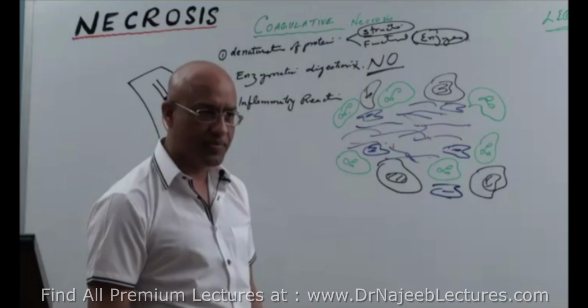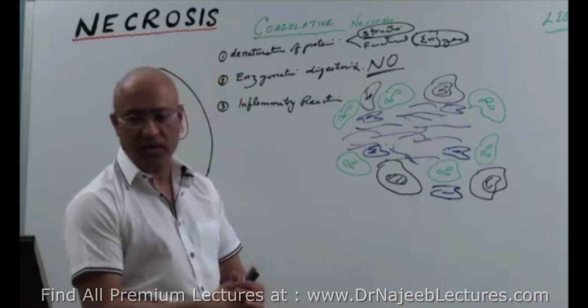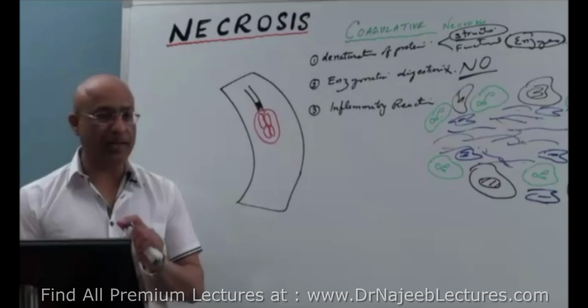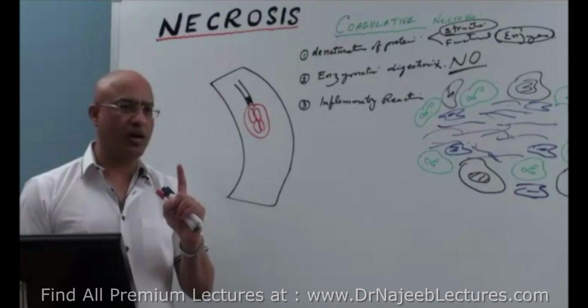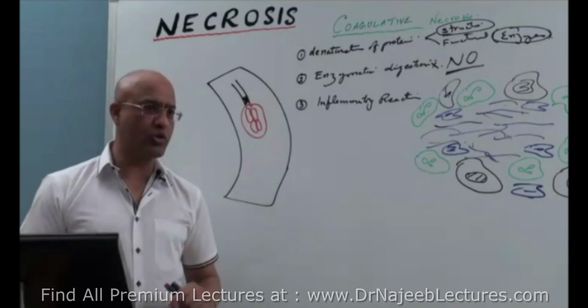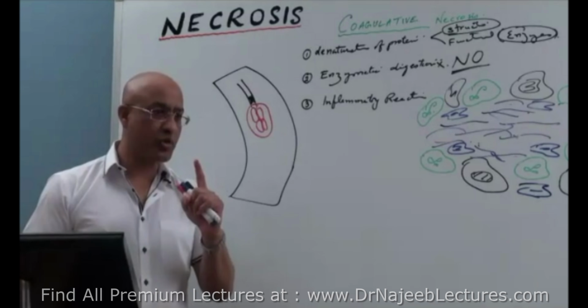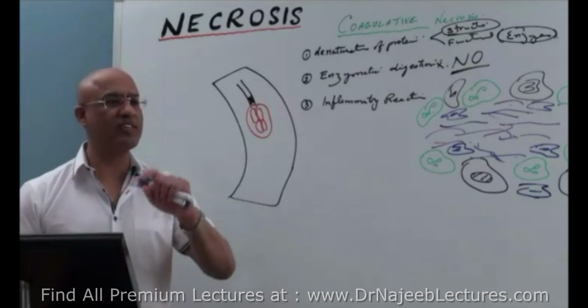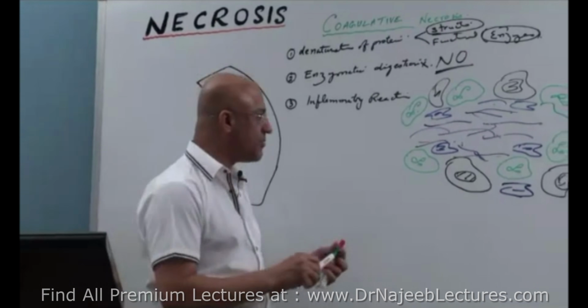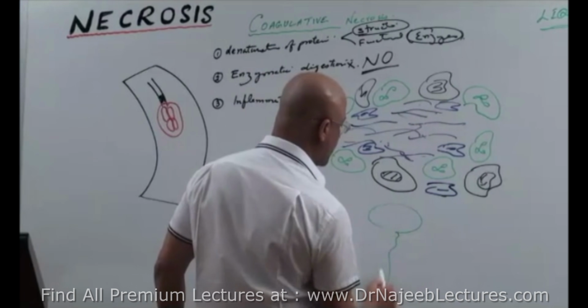Am I clear? Any question up to this? Right? So very severe ischemia or hypoxia to most tissues of the body produces coagulative necrosis, but there is one exception. That is your brain, your central nervous system.